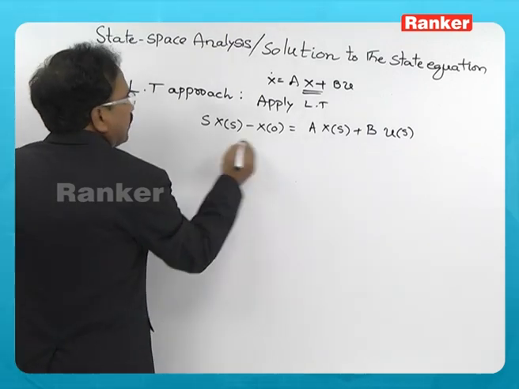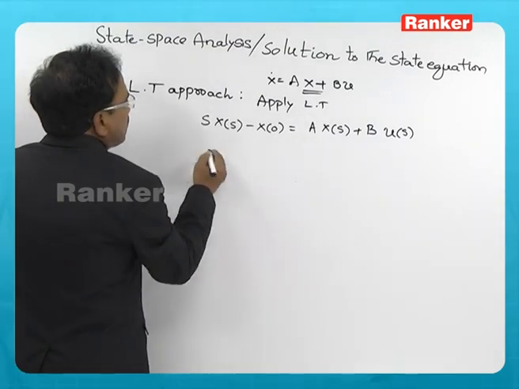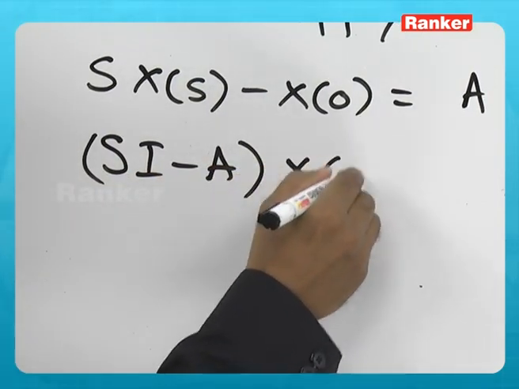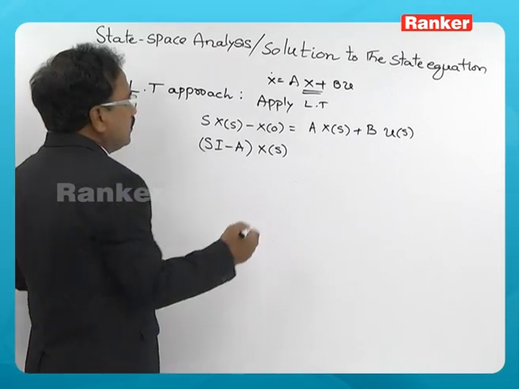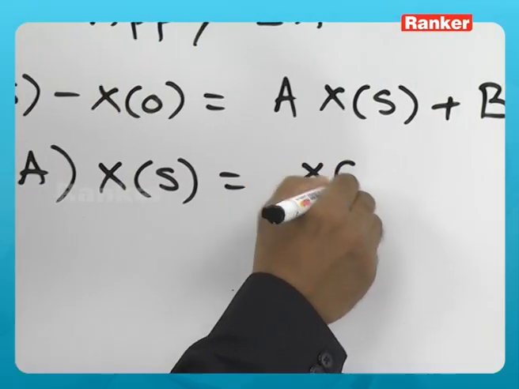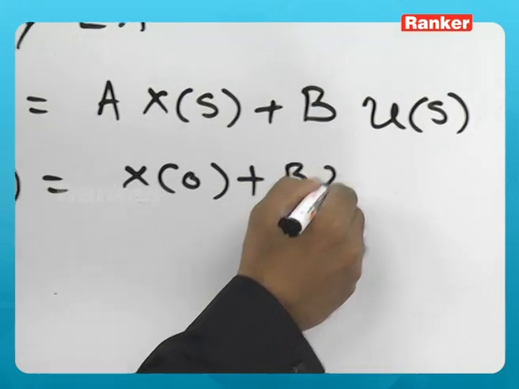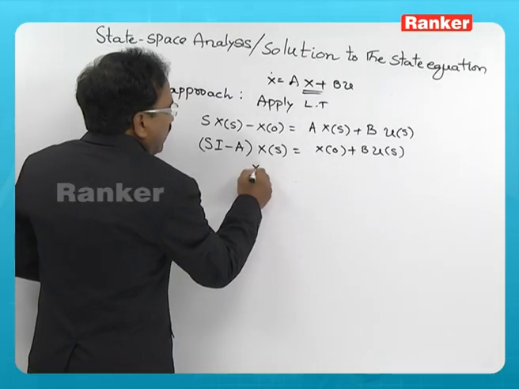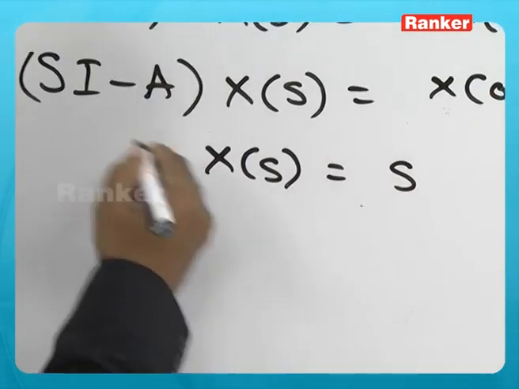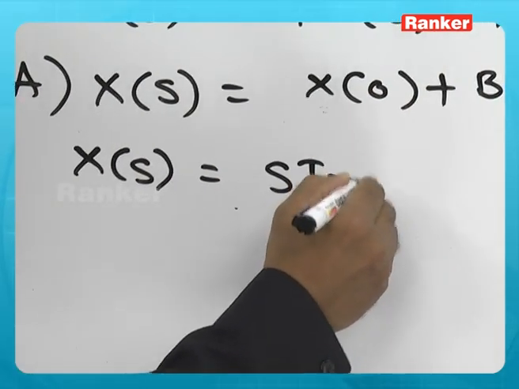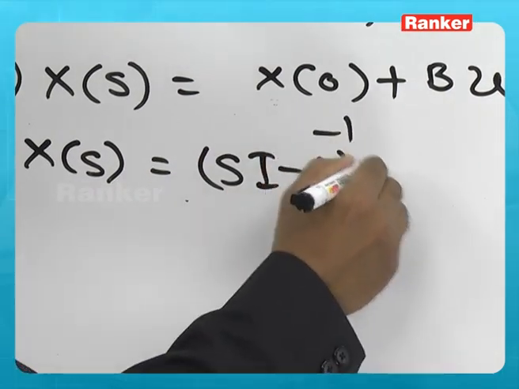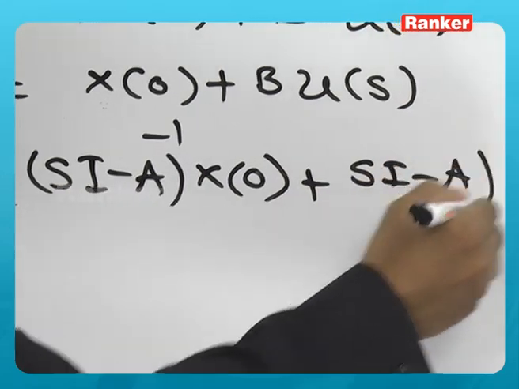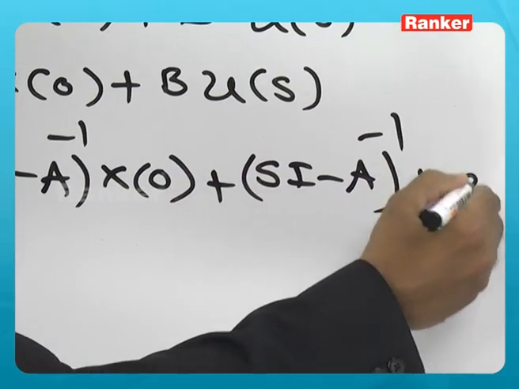Now, you can take A X of s to this side, and you can rewrite this equation as (sI minus A) into X of s is equal to x of 0 plus B U of s. Now, X of s is equal to, taking this to the other side, (sI minus A) inverse x of 0 plus (sI minus A) inverse B U of s.